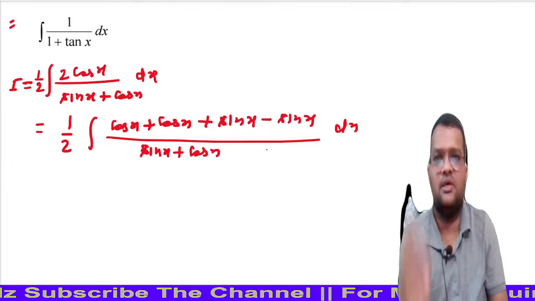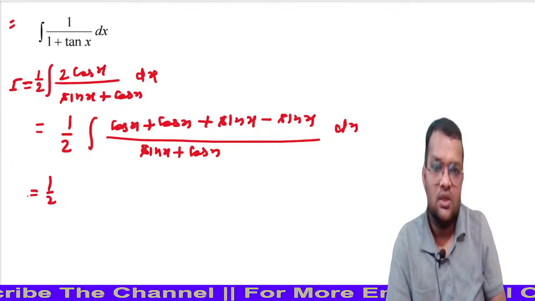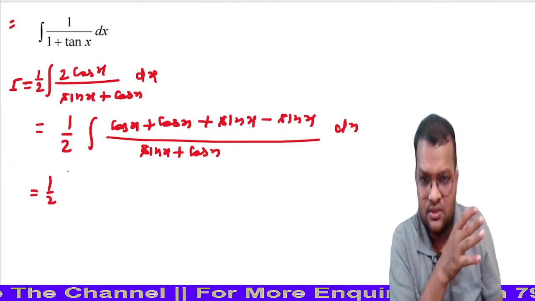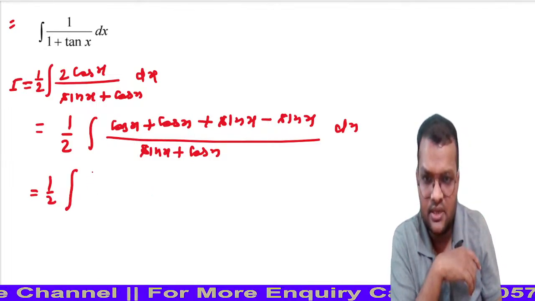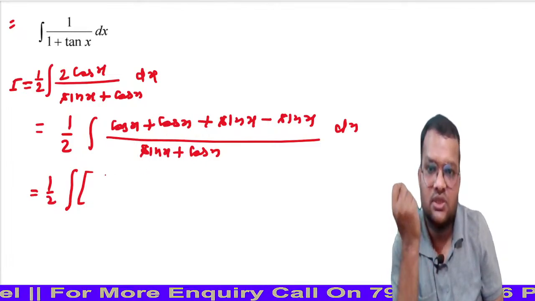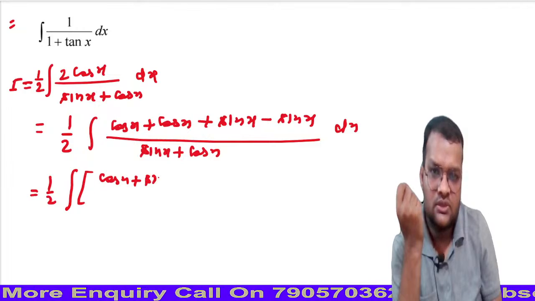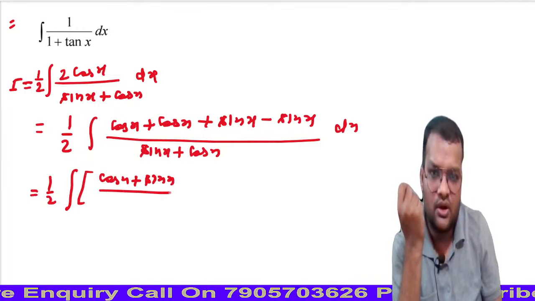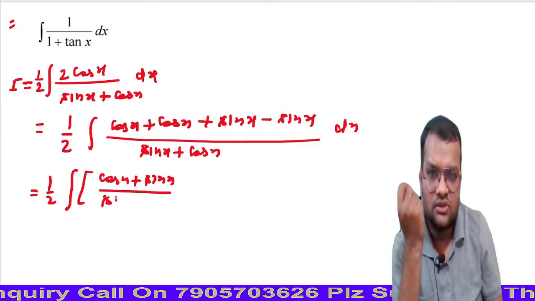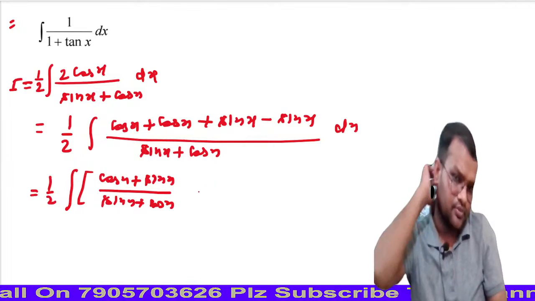Okay. Now it's 1 upon 2. Now you can break it. Now it can break into cos x plus sin x upon sin x plus cos x. Okay.